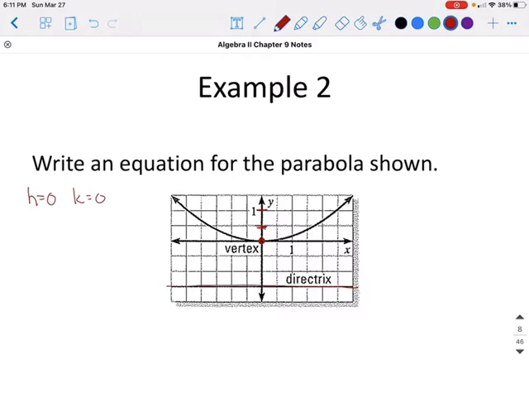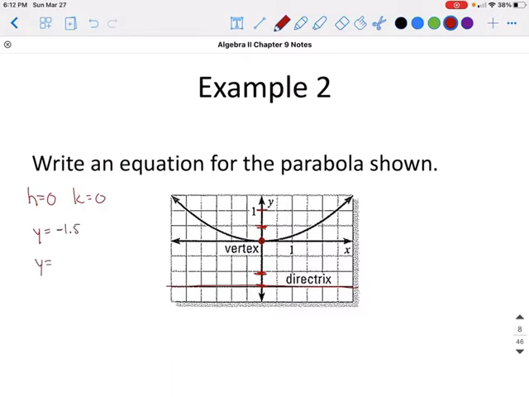So that is 1 1/2. Sorry, it is 1 1/2. We're right there. So our directrix is that y is equal to negative 1.5.